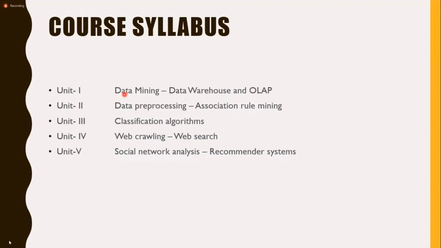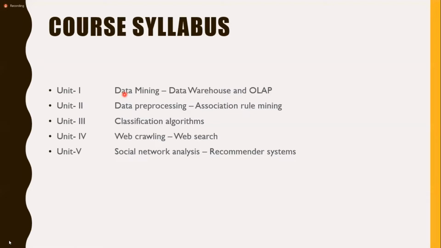Okay, and next, coming to association rule mining, this is one of the data mining functionalities. So the algorithms which are used for mining the association rules from the given data will be learned here.